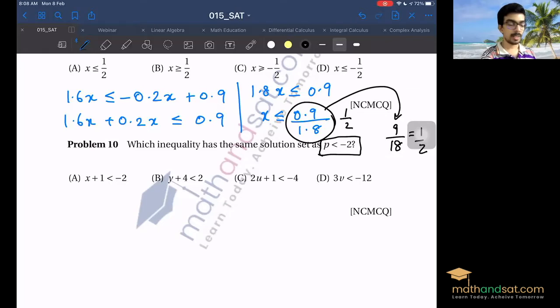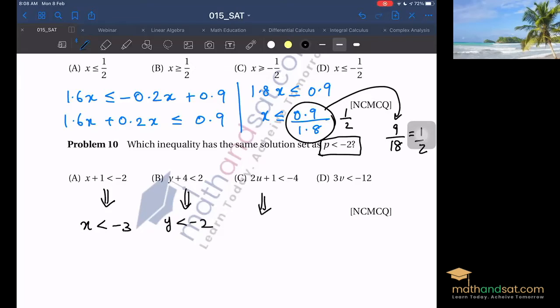All right. So first let's look at this one. This is x less than minus 3. This is y less than minus 2. This is 2u less than minus 5, so u less than minus 5 by 2. This is v less than minus 4.